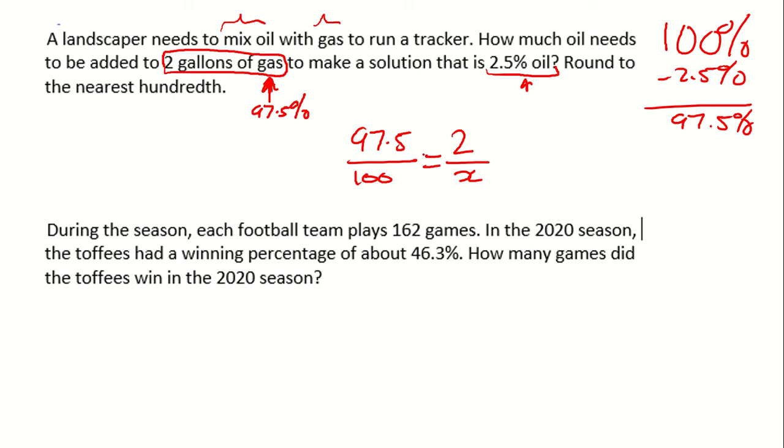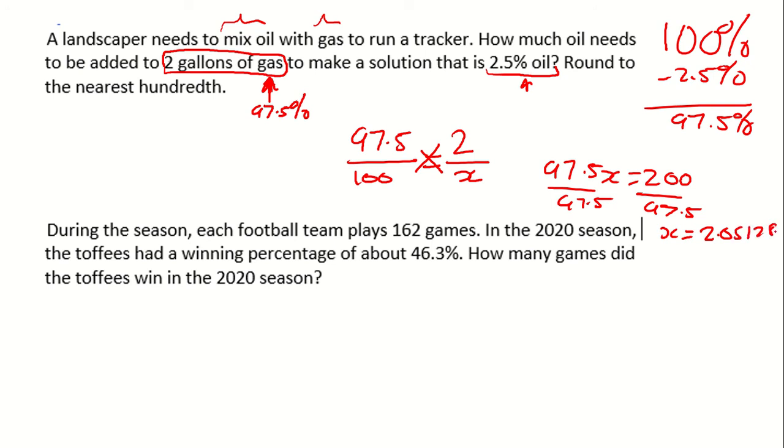So once I've done that, now I can do cross product. And we're going to get 97.5x equals 200. Divide by 97.5, and I get x equals 2.05128.